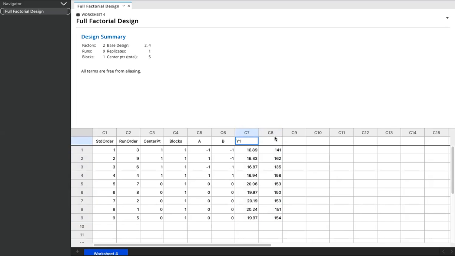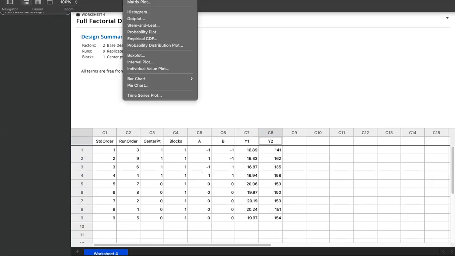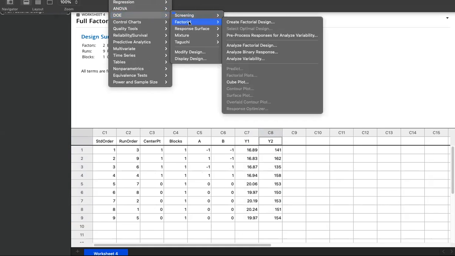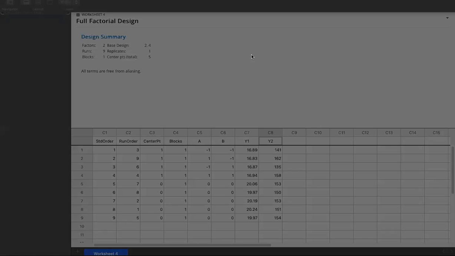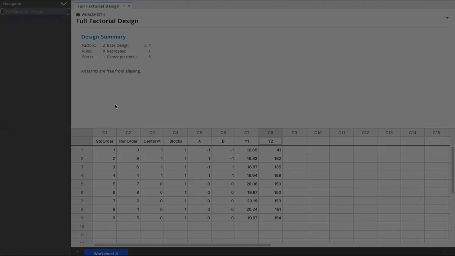Just let me put these names. We see that everything is correct, like our data, and we're going to analyze factorial design. So here we're going to select both responses.